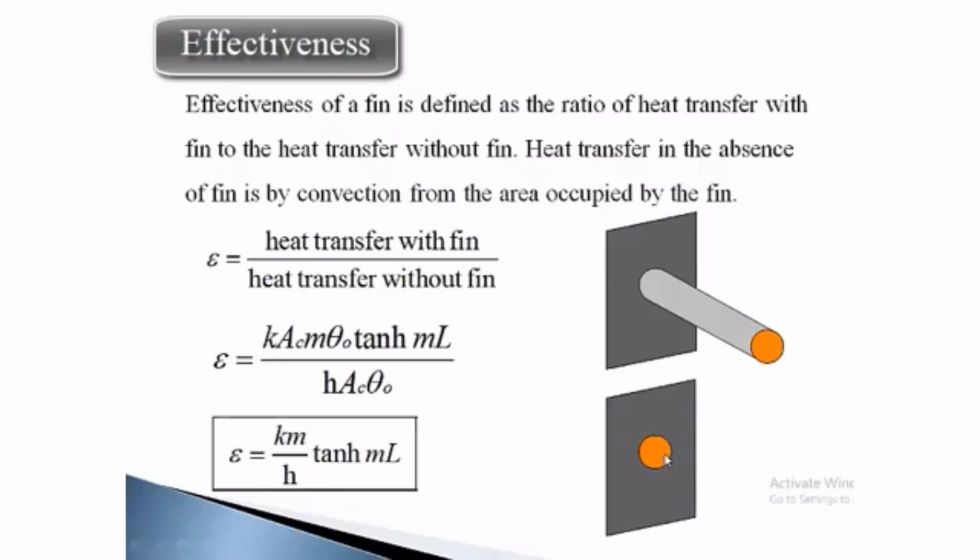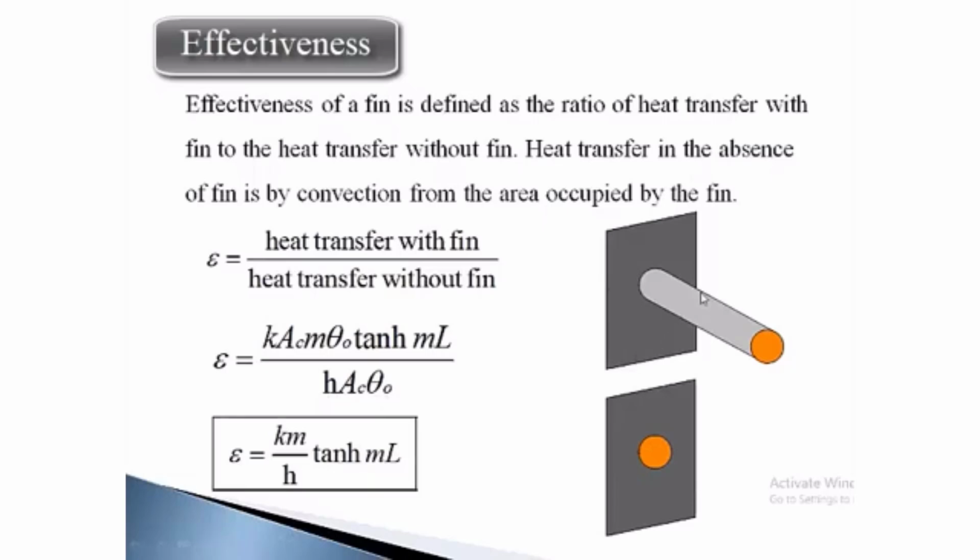The fin is attached to the base. The base is at temperature T0, ambient is at temperature Ta, so the temperature difference is T0 minus Ta, which is theta 0. So in the absence of fin, the convection from this fin occupied area is hAc theta 0.